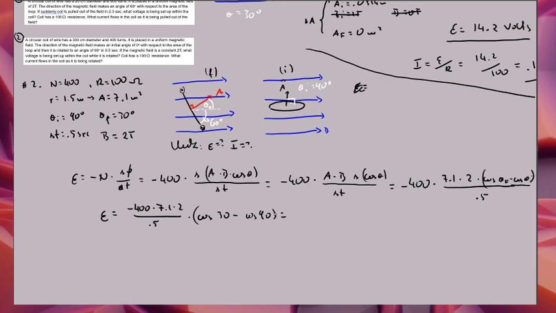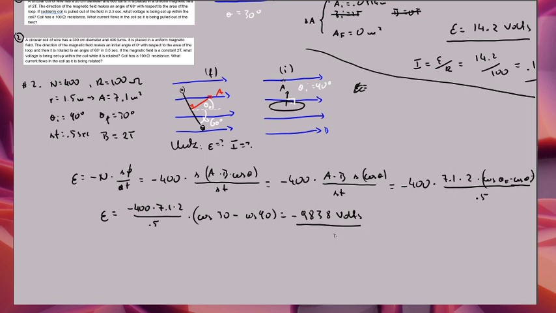So let's calculate this, see what we get. And so apparently what I get is minus 9,838 volts. So this would be the voltage that I would get out of this setup.